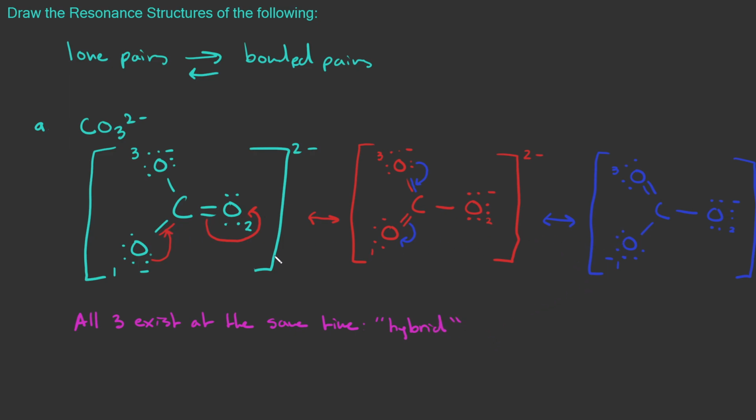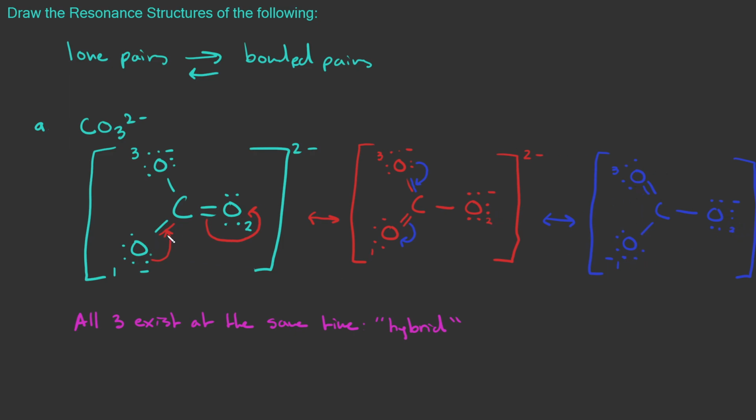And at the same time, since these electrons can be shifted over to a double bond or out to a lone pair, these negative charges can be shifted between all three of your oxygens, right? In this case, oxygen 1 and 3 were your negative charges. In this case, oxygen 3 and 2 were your negative charges. And in this case, oxygen 1 and 2 were your negative charges.